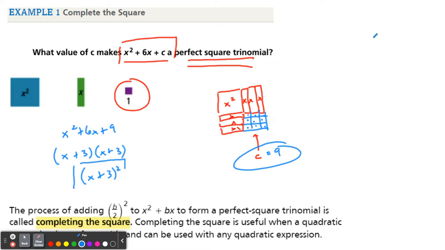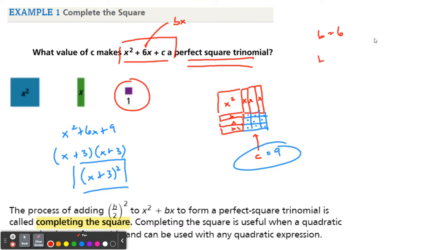This is what we're looking to do here. We're looking to what's called complete the square so that we can write our factors in terms of this. Now, remember I said that b over 2 squared part? Think about this 3. Where can I get that 3 from? In this problem, your b value is 6, the bx term. So b equals 6.